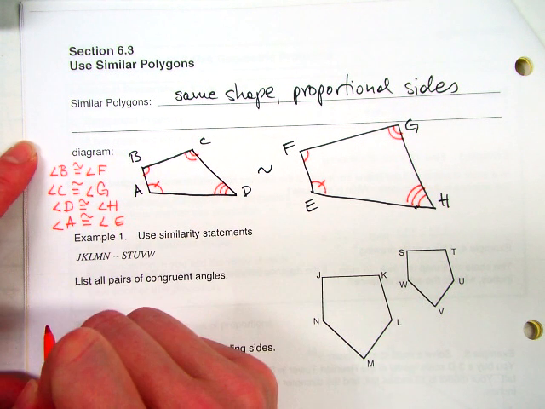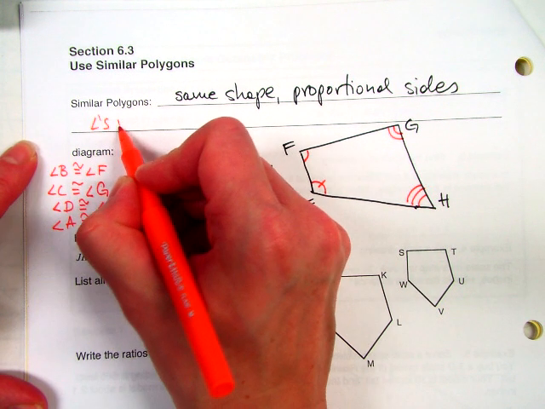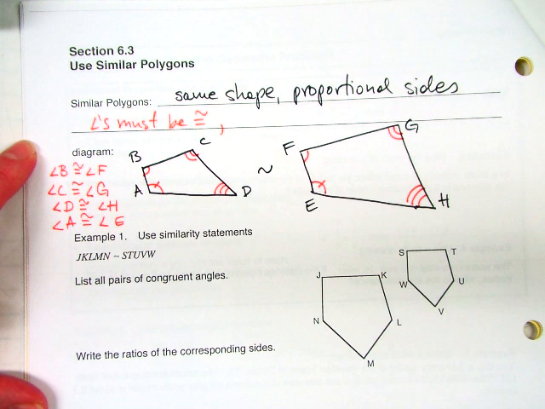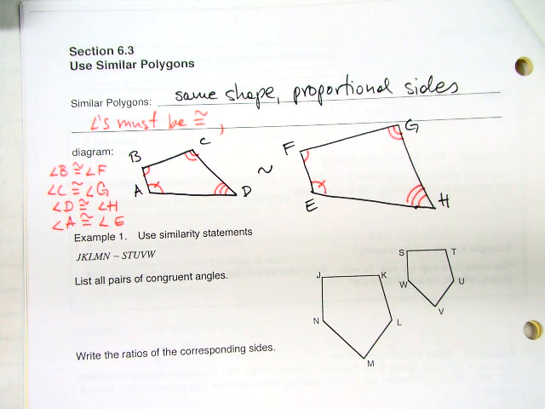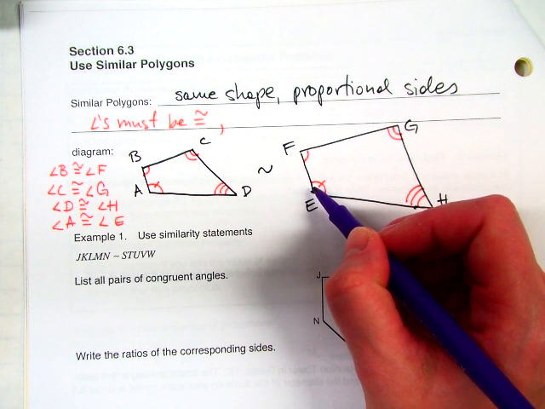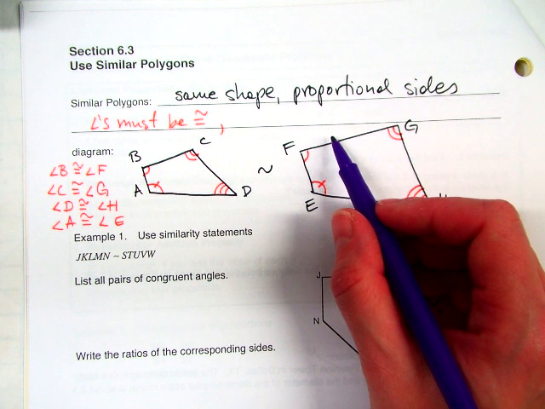So whenever you have similar polygons, the angles must be congruent. Sides proportional means that if I was to divide whatever the length of AB is by the length of FE, that would give me the same ratio as dividing BC over FG.